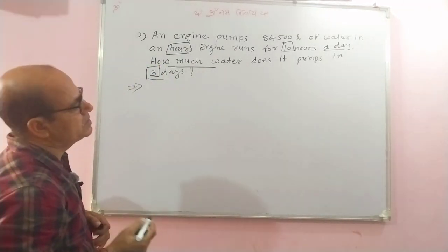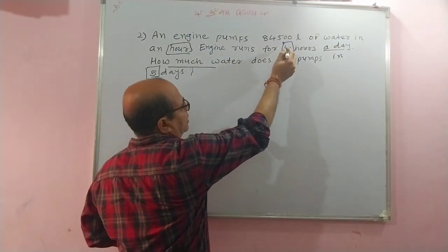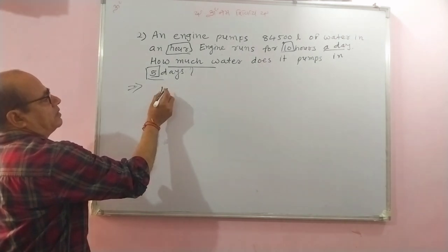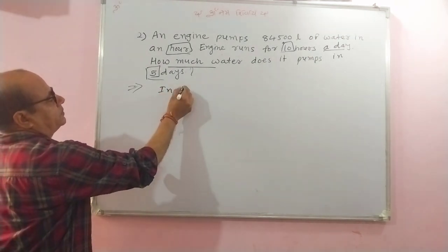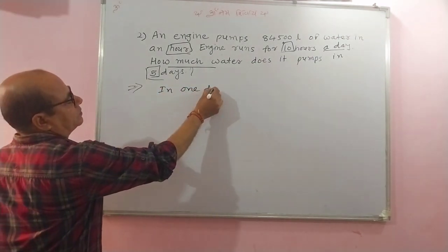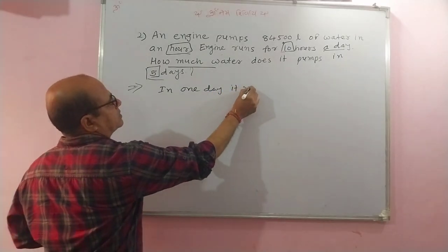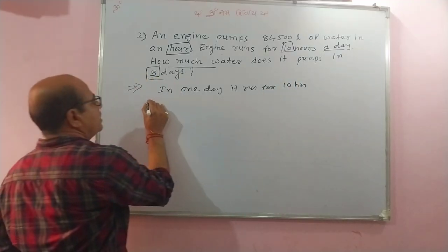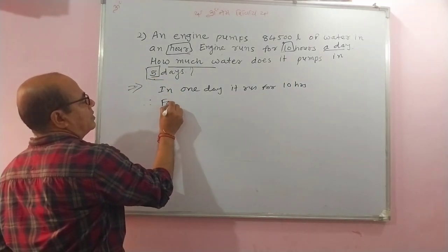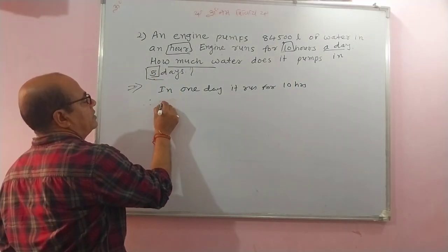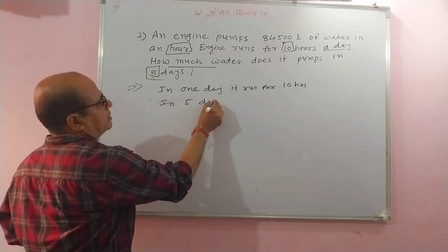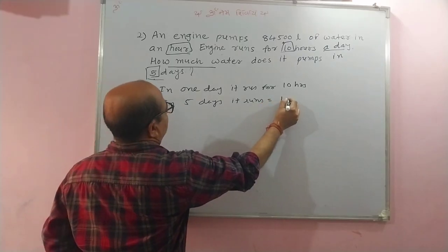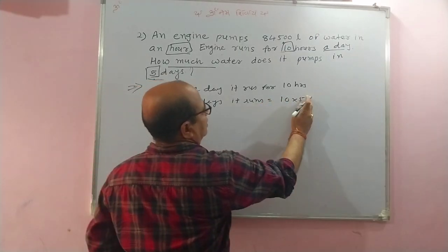In one day it runs for 10 hours, so in 5 days it runs 10 into 5, which is 50 hours.